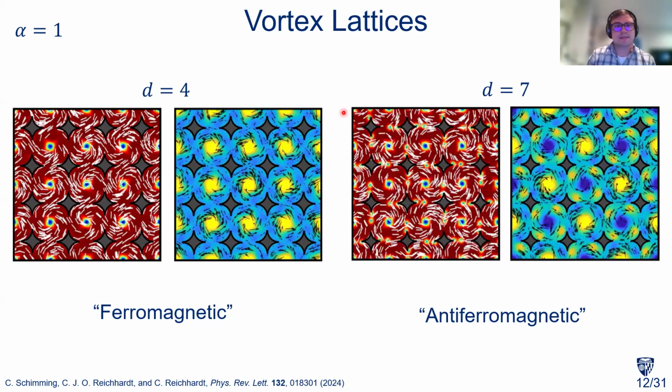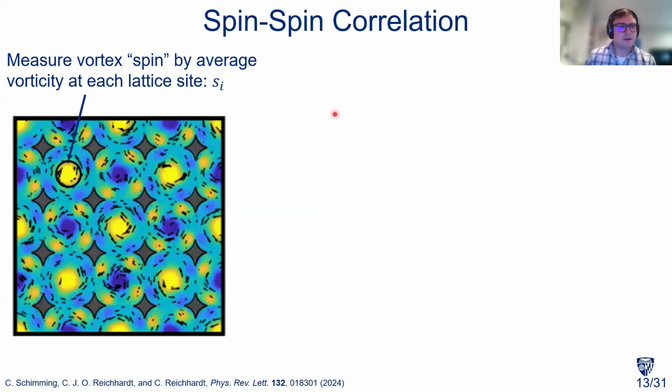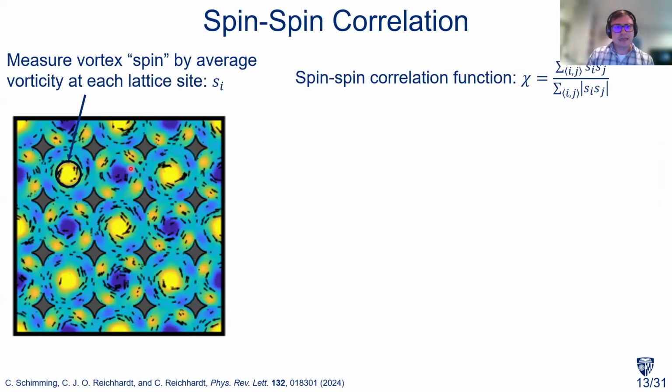And so to quantify this, we have to work a little bit harder to find an order parameter. What we did is we measured the average vorticity at the center of each of these circular plaquettes. And this gave us basically an analog spin variable for each point on this lattice. And then we could measure a spin-spin correlation function by summing over all nearest neighbors in the system.